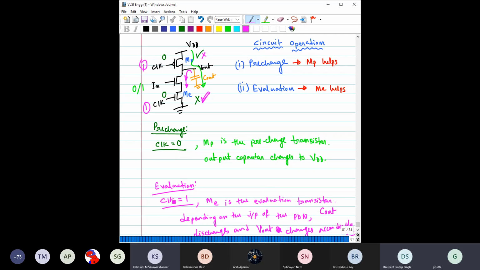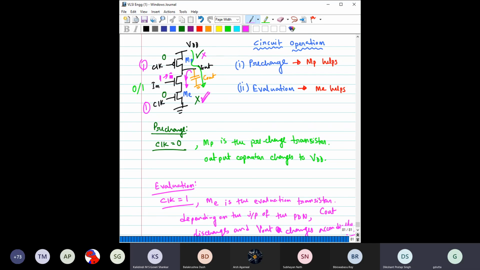So the clock becomes equal to 1. Evaluation state has started, right? Now say the input has changed to 1. So when the input has changed to 1, this is on, the capacitor discharges. Okay, but still we are in the evaluation phase. But at that time, this input 1 has changed to 0.